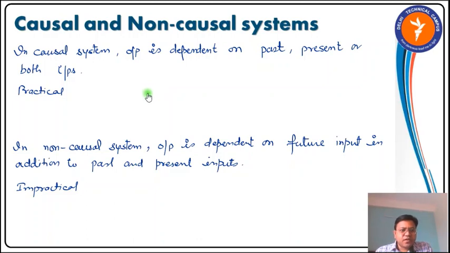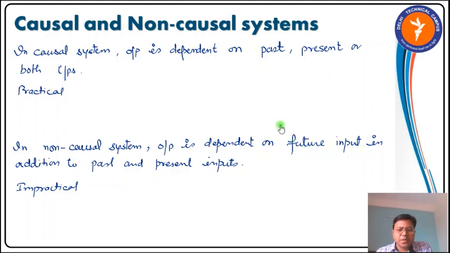Previously we discussed the static and dynamic system, where a static system depends only on the present values, and a dynamic system may depend upon past, present and future, whereas the causal system depends upon past and present or present only, and a non-causal system must depend upon future.